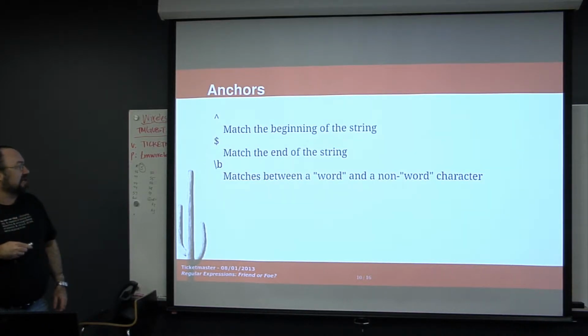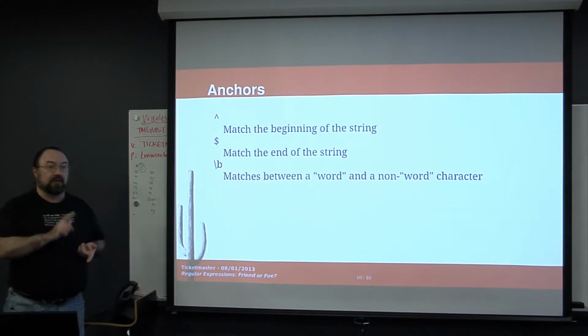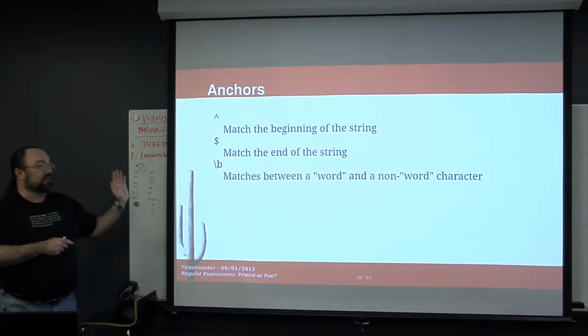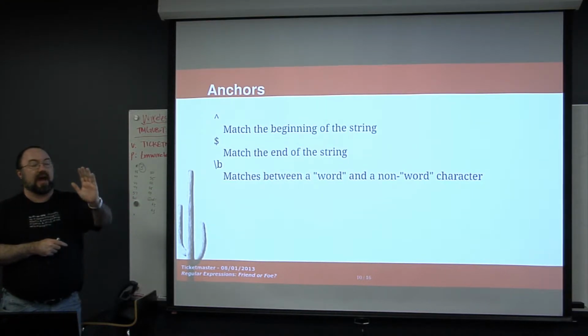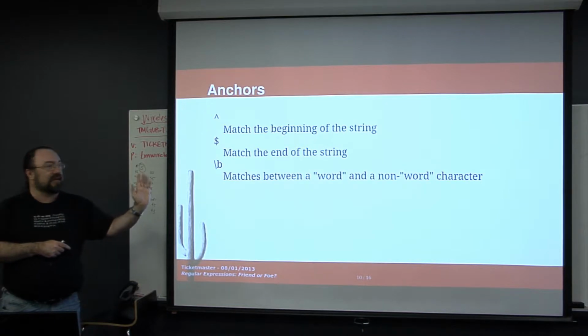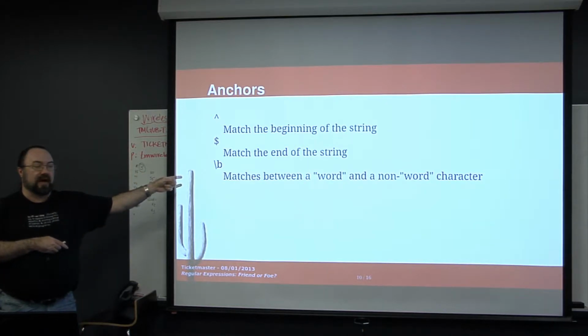And \b matches between a word and a non-word character. And you remember the definition of a word character was A through Z, capital, lowercase, 0 through 9, and underscore. So a transition would, let's say you say the cat in the hat. Every time you go the and then space, in between the E and the space, \b would match.